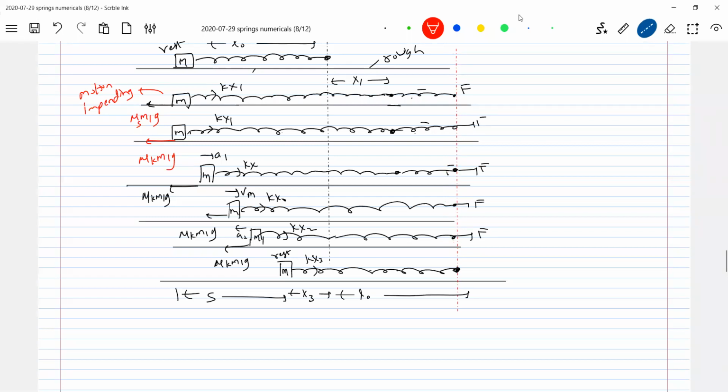Look at the total diagram. This is the situation I'm showing here.